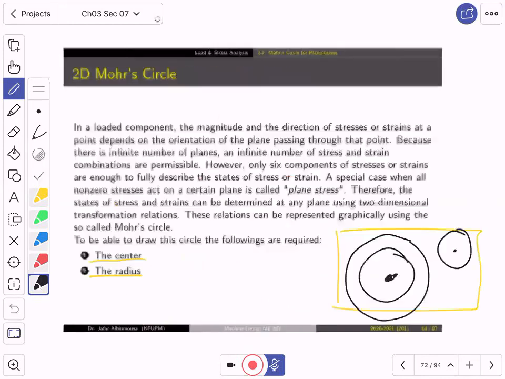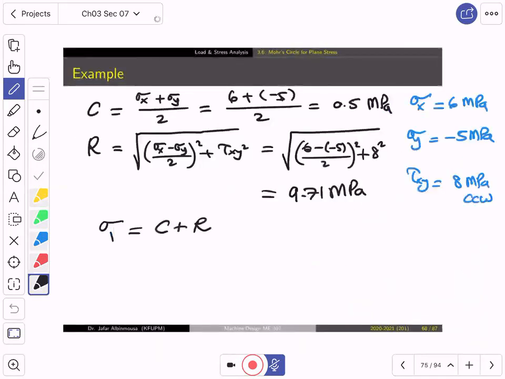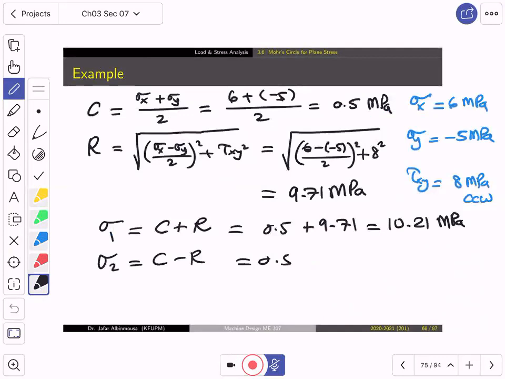So if I go back to my solution, I would say sigma 2 equals C minus R. For this one, I have 0.5 plus 9.71, which is going to give me 10.21 megapascal. And for this, I have 0.5 minus 9.71, which is equal to minus 9.21.